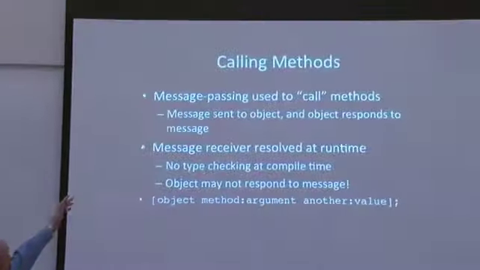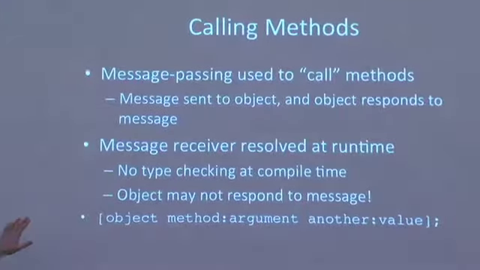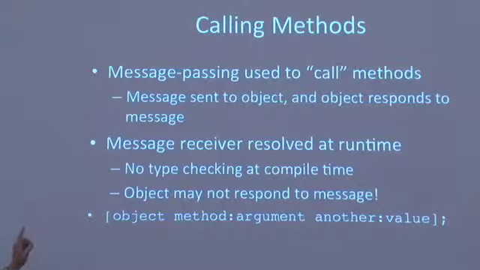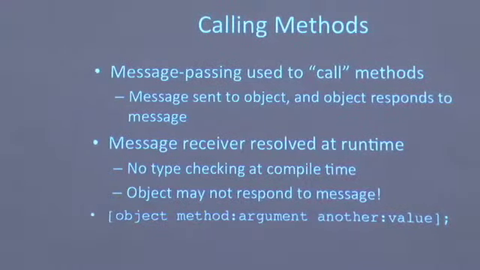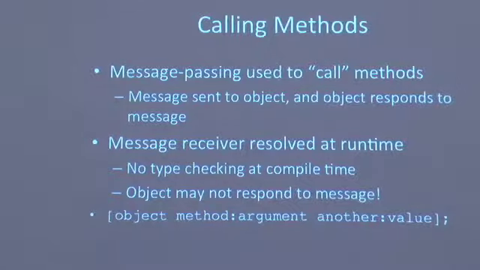Ideally, the message will respond. The other key thing to look at here is the message receiver is resolved at runtime. So it's going to look at what's going on in the runtime system and determine where that message goes. So there's no type checking at compile time, and the object may not respond.